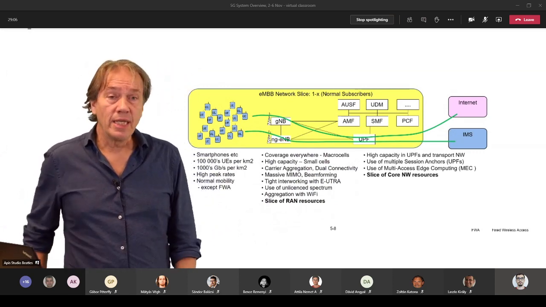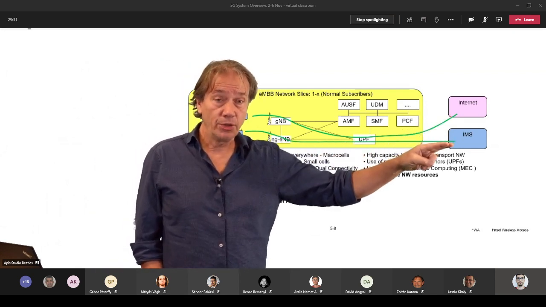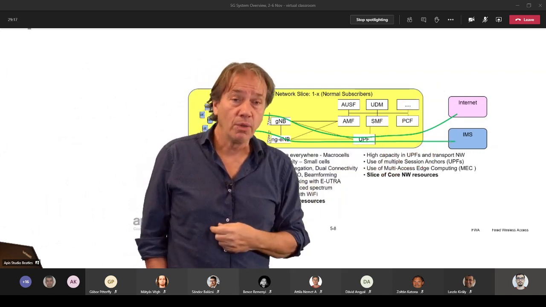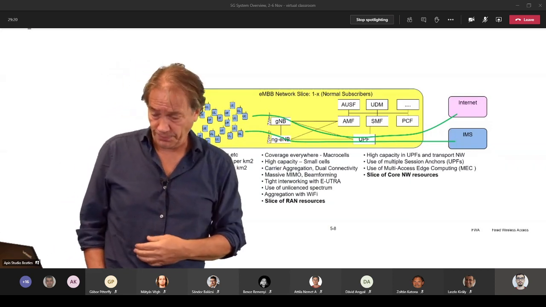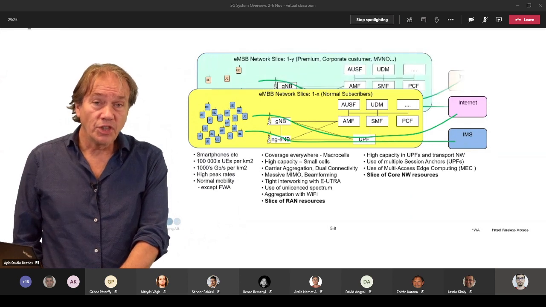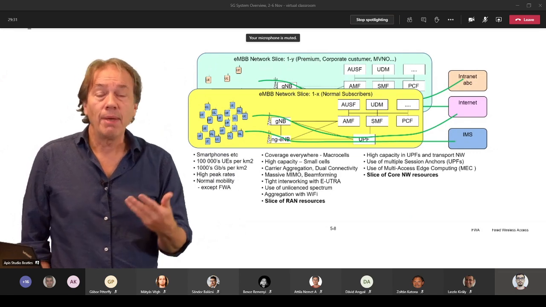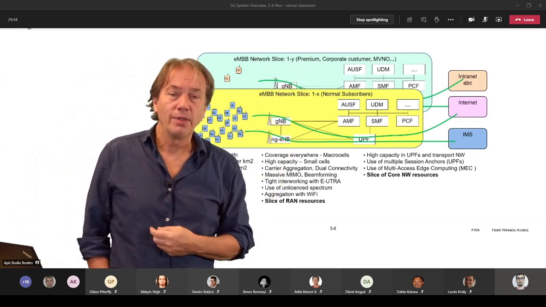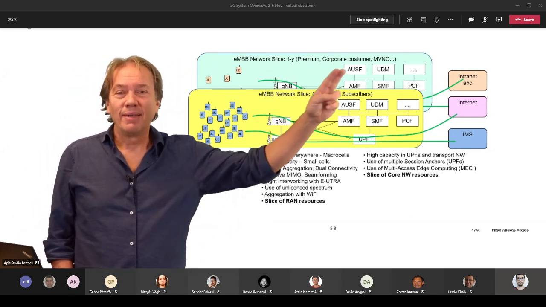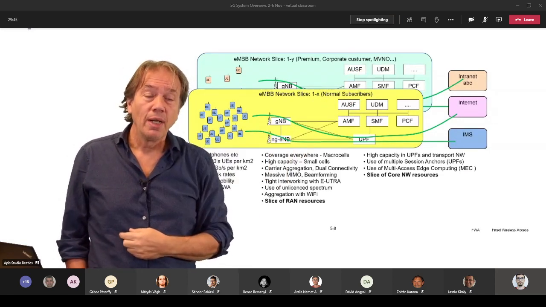And I suppose an eMBB slice will, of course, provide internet access. It will also, I suppose, provide IMS access and probably or maybe also access to some corporate intranet. And in this example, I have also created a second eMBB slice for maybe premium subscribers, the people who pay more, the people with expensive subscriptions, or maybe corporate customers, or maybe an MVNO, a virtual network operator.